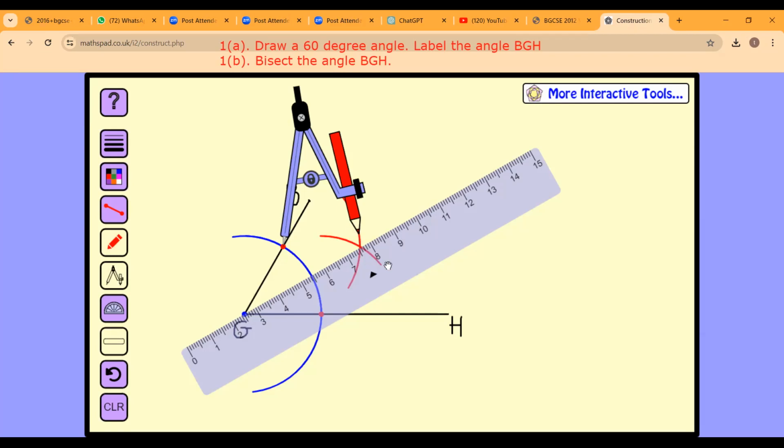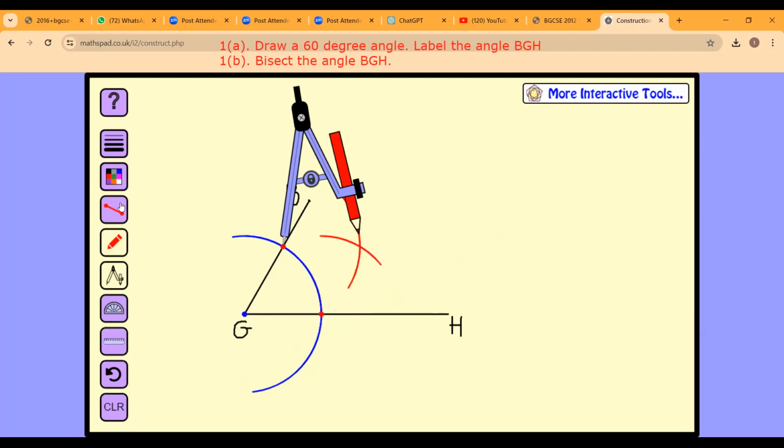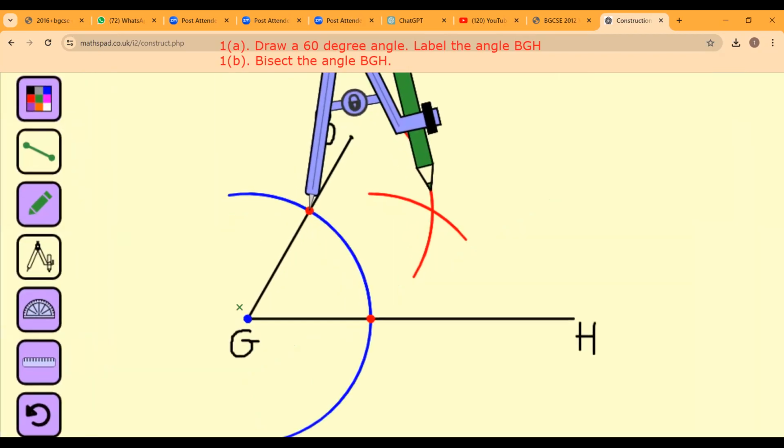So let's go ahead and do that. Let's use green for this. Use green, and you're going to go in the middle of it, right there.